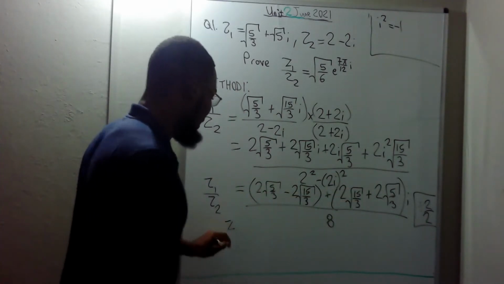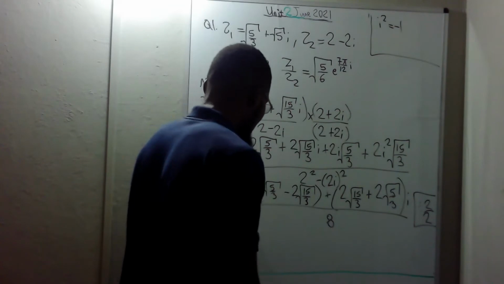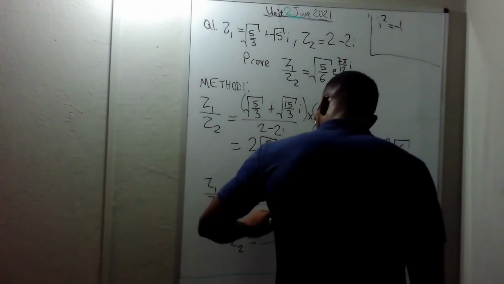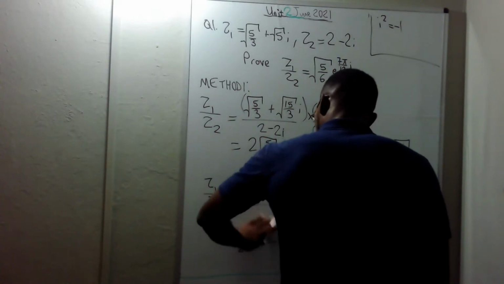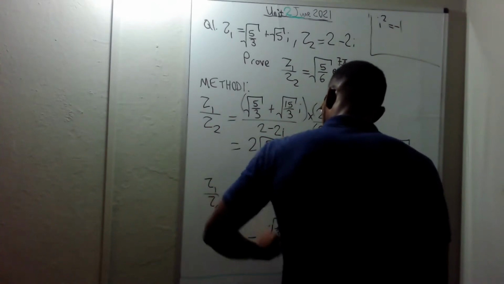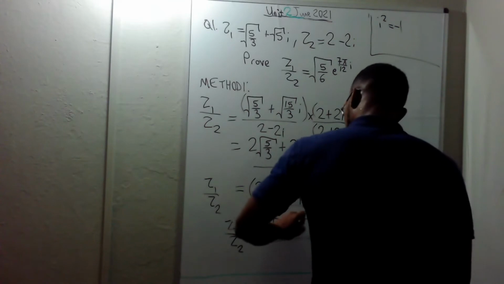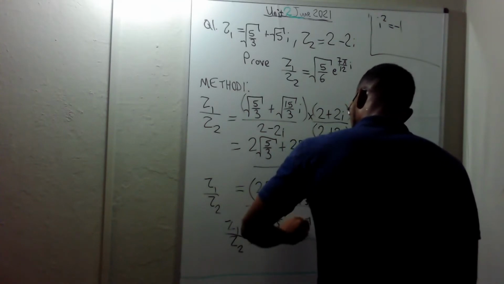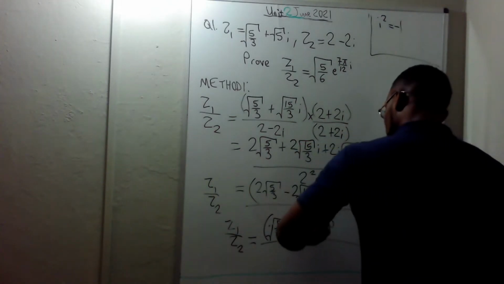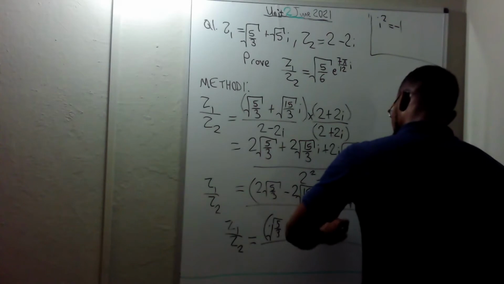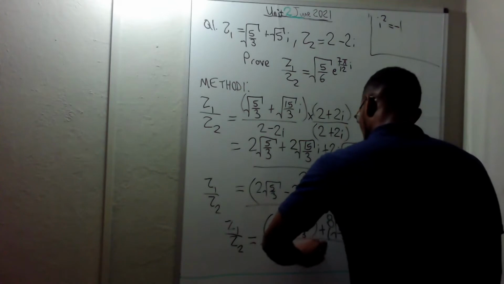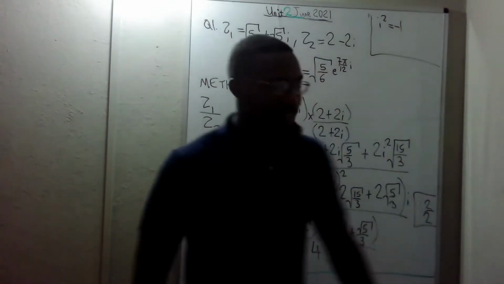We end up with z1 over z2 equal to root 5 over 3 minus root 15 over 3, plus root 15 over 3 plus root 5 over 3 i, over 4. All I did was divide through by 2.